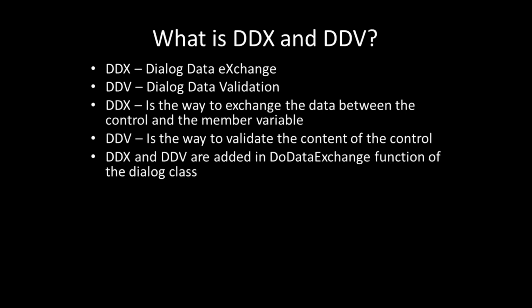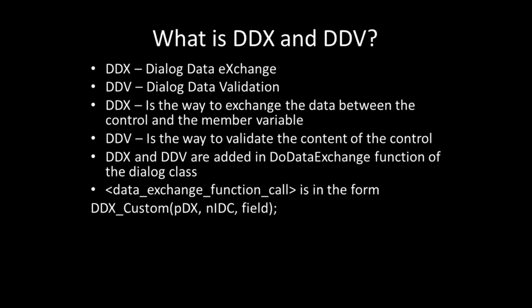So DDX and DDV are added in the DoDataExchange function of the dialog class. So we'll be seeing in the code where it gets added. So the DDX, they are in the form of DDX custom. Then there is a pDX, it's a pointer. Then nIDC stands for your ID of the control, and field is your member variable name.